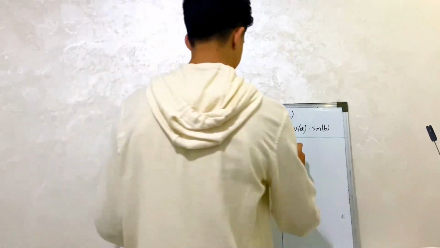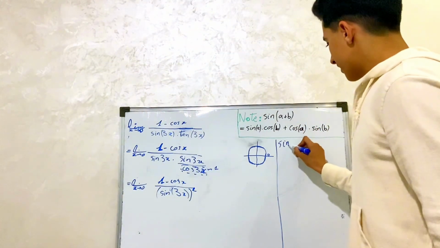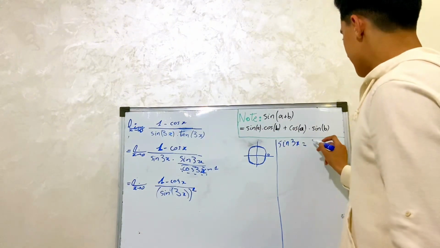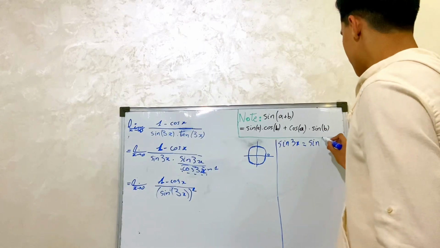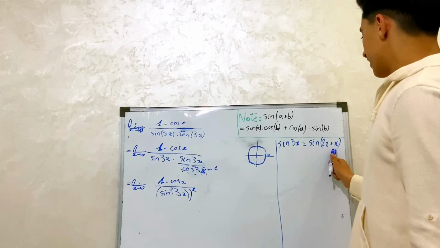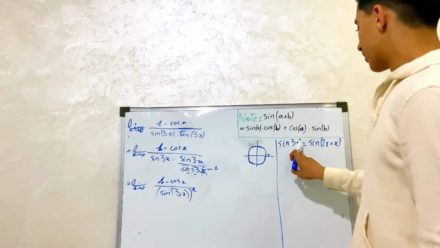Here, let's do it in this place. Sine 3x is equal to sine of (2x plus x). So we are going to use this in order to expand this.